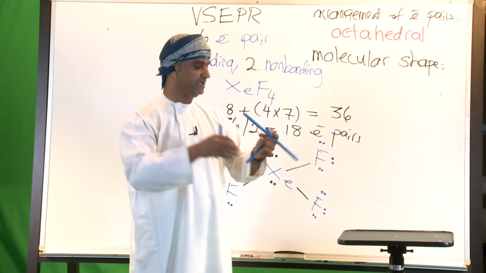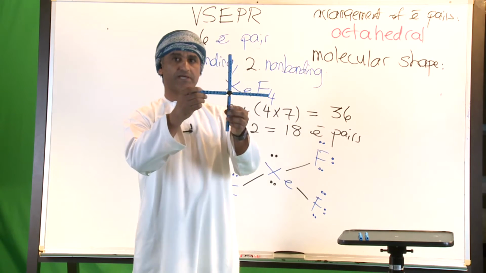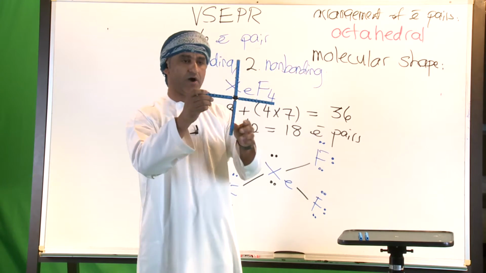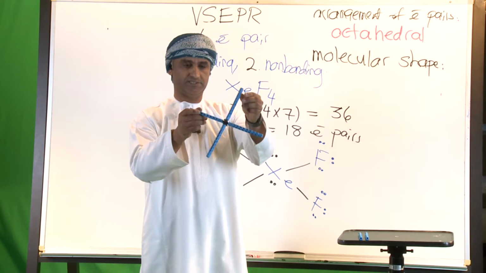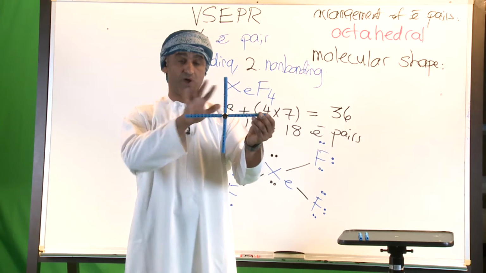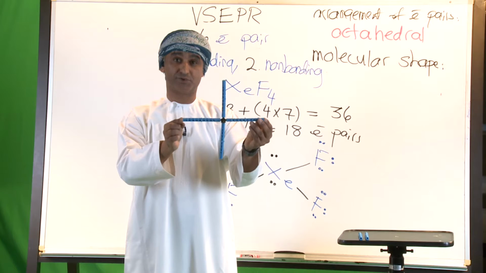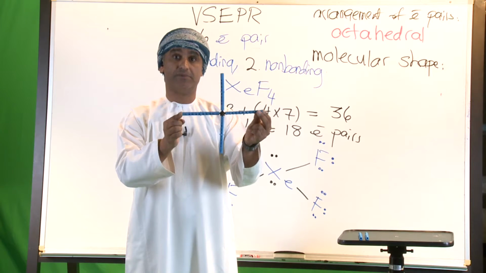If you take 2 of these off, you would find very clearly that the molecular shape is no longer octahedral, but takes the shape of a square, and this square is planar. So the shape is described as square planar.